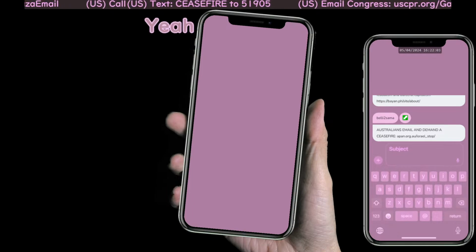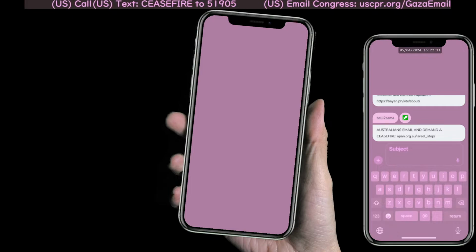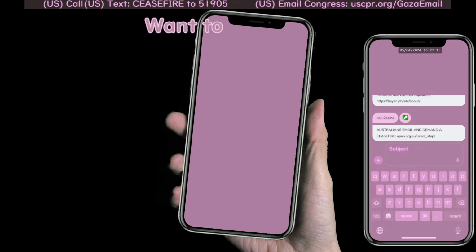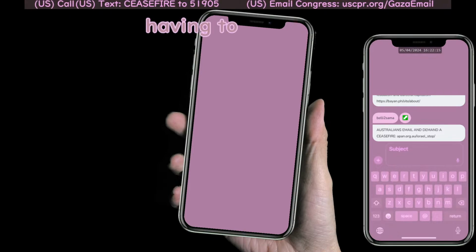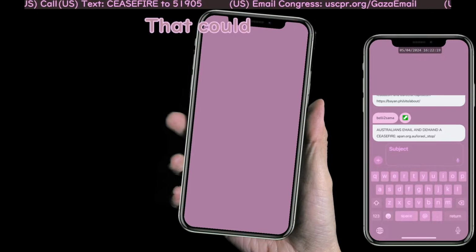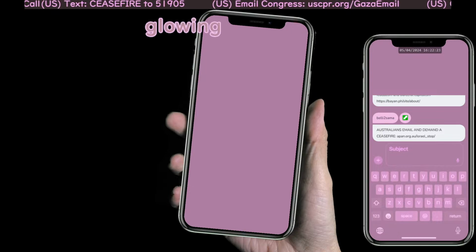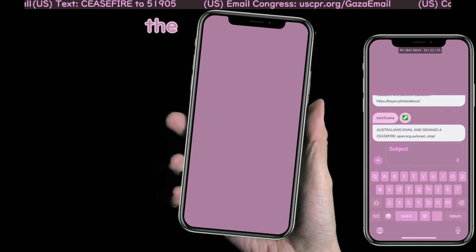Yeah, there's still that one thing I want to do too. I want to do it without having to. I wonder if I should just make my own animation. That could be an idea. Or like a glowing line. Oh, you know what? I could monitor the audio. I can definitely do that now.